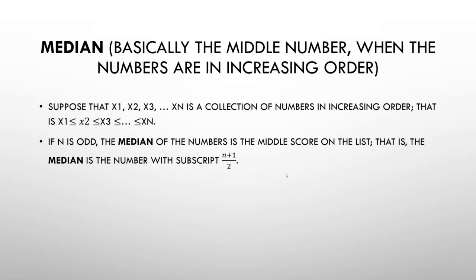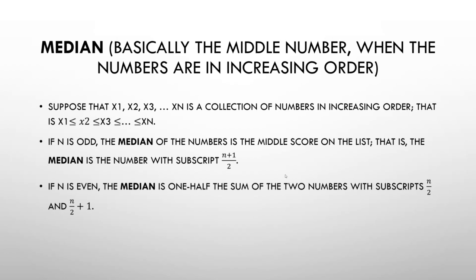If there's an odd number of numbers, it's simply the middle number, and that will be the number whose subscript is (n plus 1) over 2. For example, if there's 5 numbers, (5 plus 1) over 2 gives you 6 divided by 2, which is 3. So the median is the third number on the list.